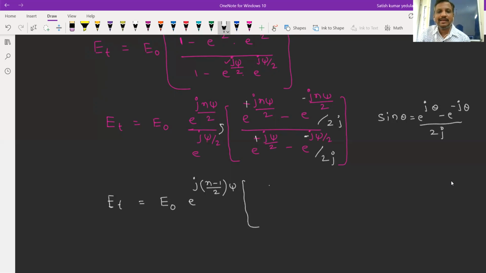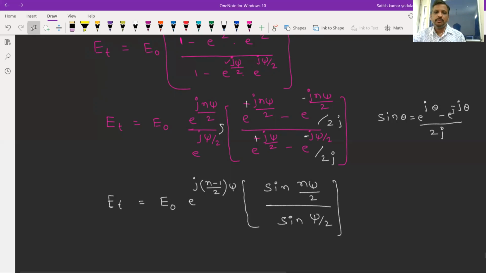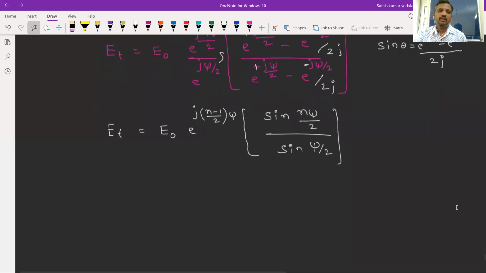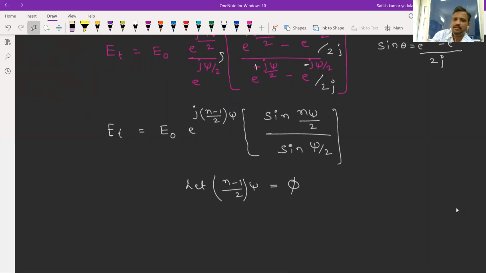Now it is exactly like sine n psi by 2 by sine psi by 2. And this n minus 1 by 2 into psi can be called some phi. It's just a phase angle. Whatever is the number of elements, n minus 1 by 2 into that psi will be denoted by another angle.